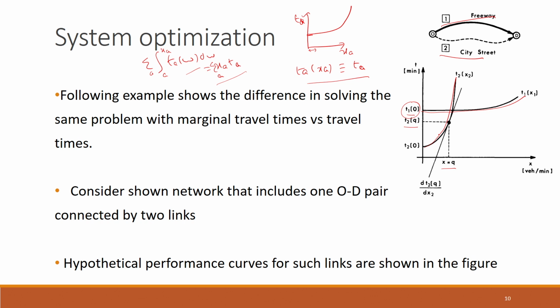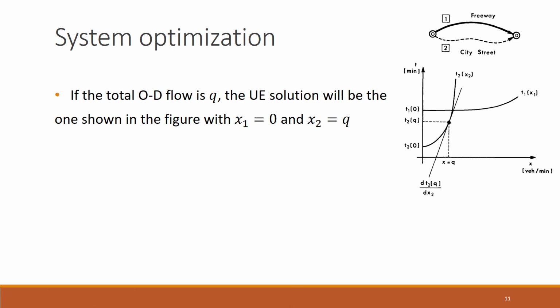So that is why all the flow is taking place on the second link only. So if the total OD flow is Q, the user equilibrium solution will be the one shown in the figure with x_1 equal to 0 and x_2 equal to Q.